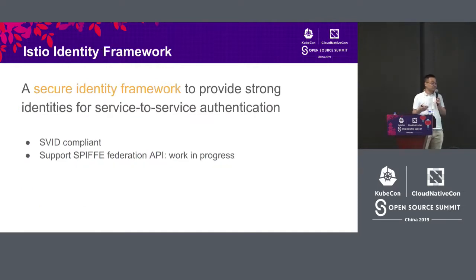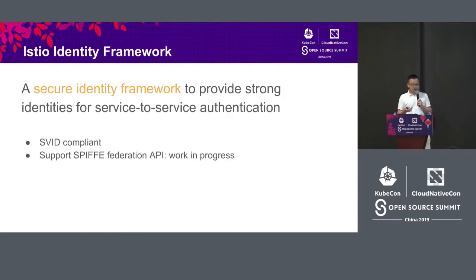What's the relationship between SPIFFE and Istio? Hopefully this slide gives you a rough idea. Istio gives you a secure identity framework that provides strong identities for service-to-service authentication. And Istio heavily leverages SPIFFE to build this identity framework.